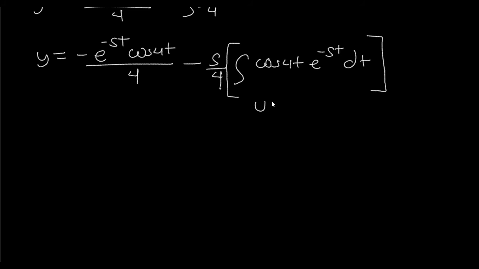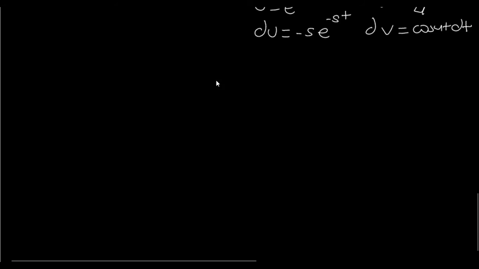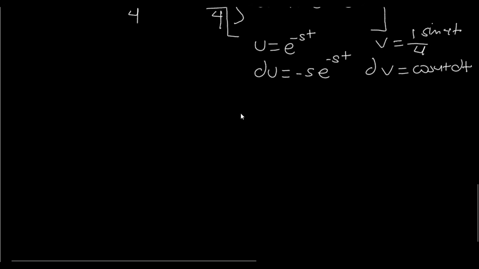So, u e to the negative st, du negative s e to the negative st, dv cosine 4t dt, v 1 over 4 sine 4t. Yan. So, uv minus integral v du ulit. So, u e to the negative st, uv.